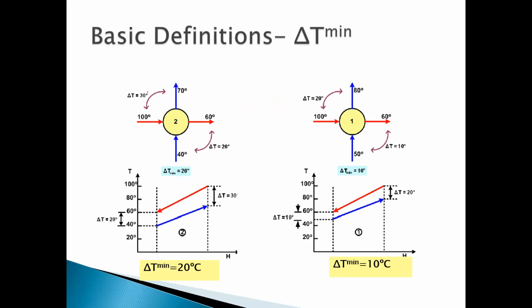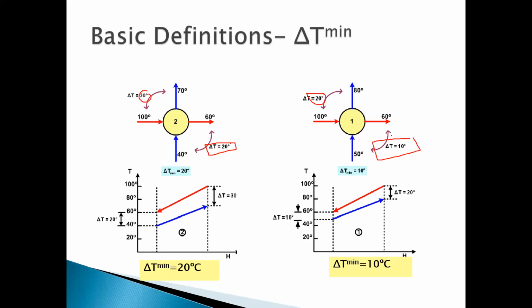The minimum among them we call the delta T min. So for this counter-current heat exchanger, delta T min is 20, while for this heat exchanger, the delta T min is 10 degrees.